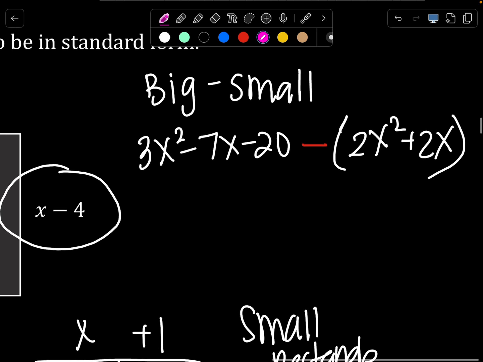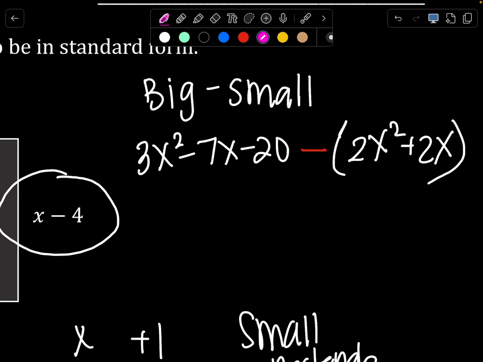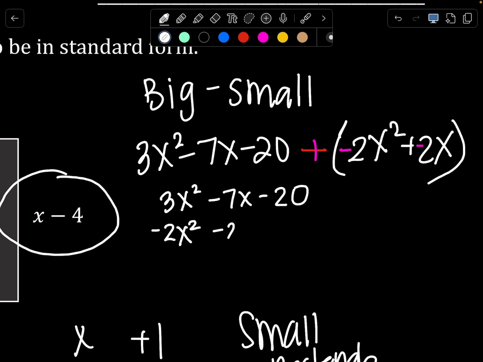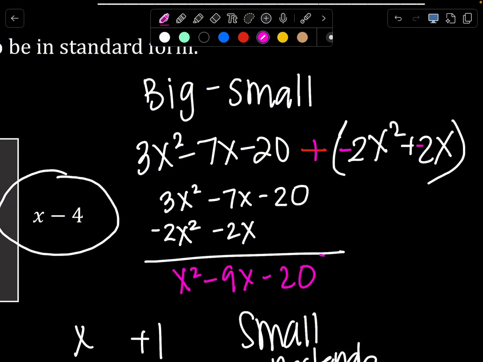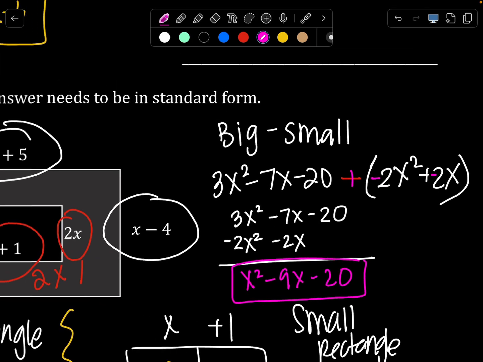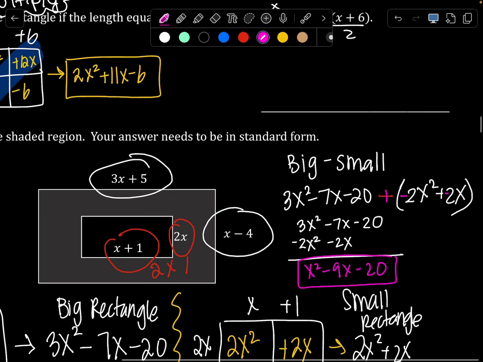Remember what I said about this: add by the opposite. Boom. So we make our column, 3x squared minus 7x minus 20, but then we stack this guy on top of that guy and this guy on top of that guy. It's a little column. So this makes x squared minus 9x minus 20. And that is your area of the shaded region.